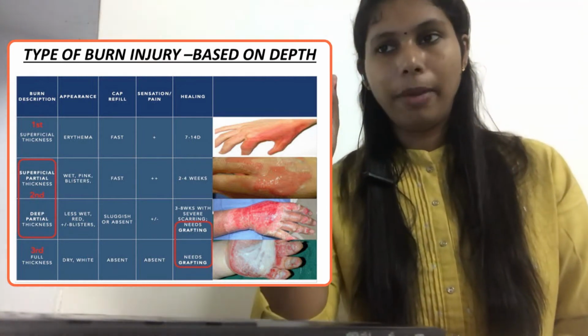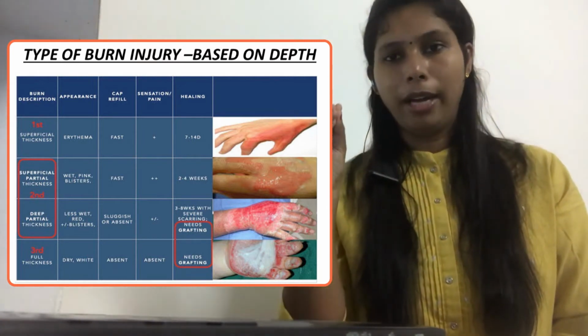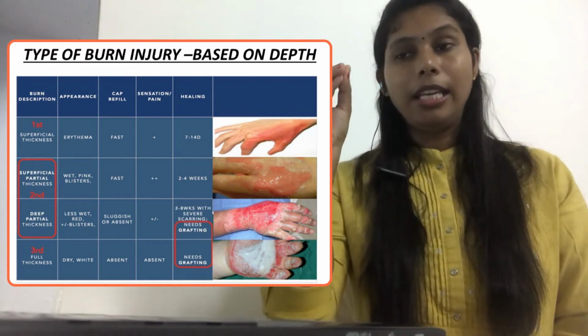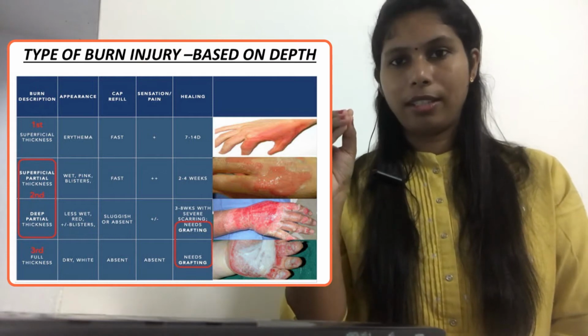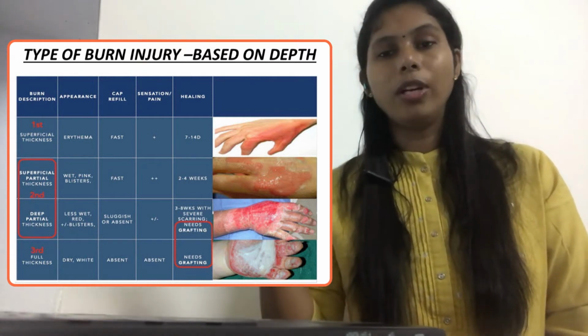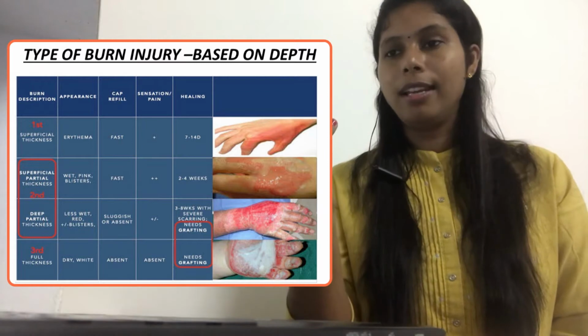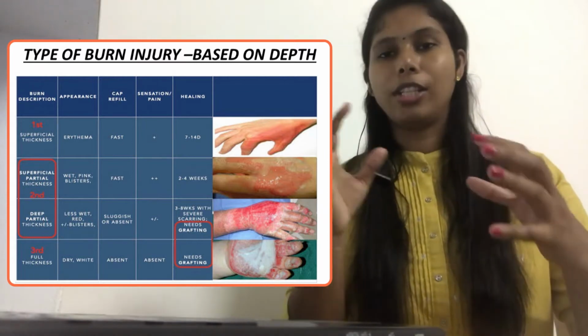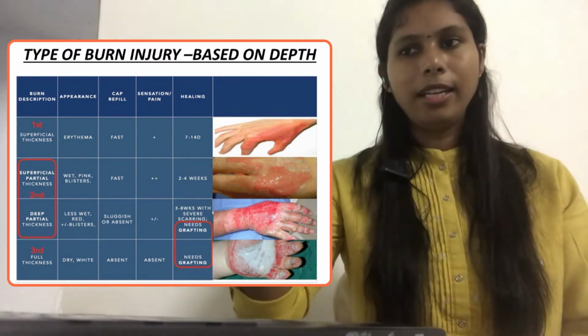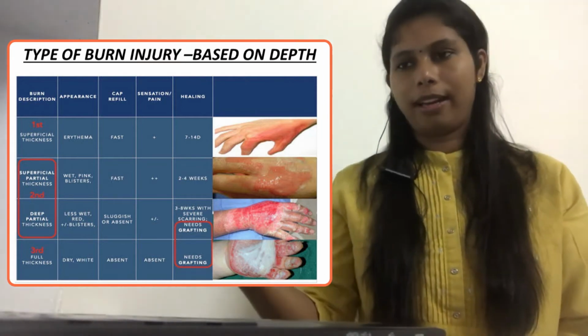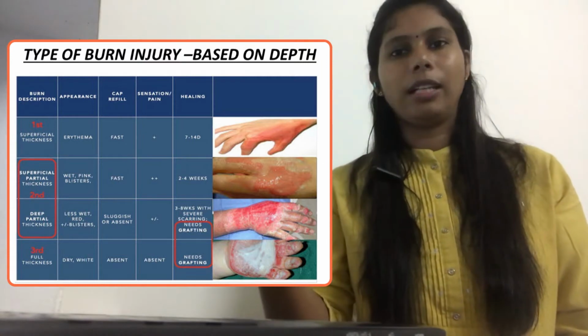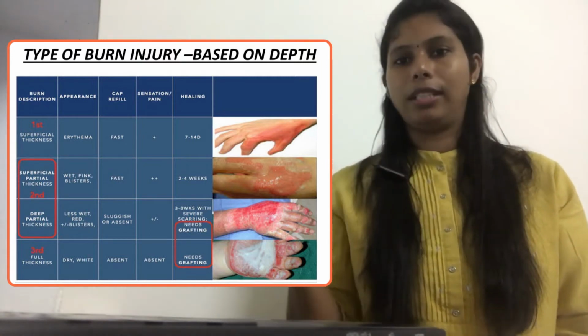So the main point we should keep in mind, in each degree of burn, is what layers of skin are affected, how long it will take for healing, and how the wound looks. In the third degree, the wound looks white to brown or black. Sometimes other books call it deep full thickness.